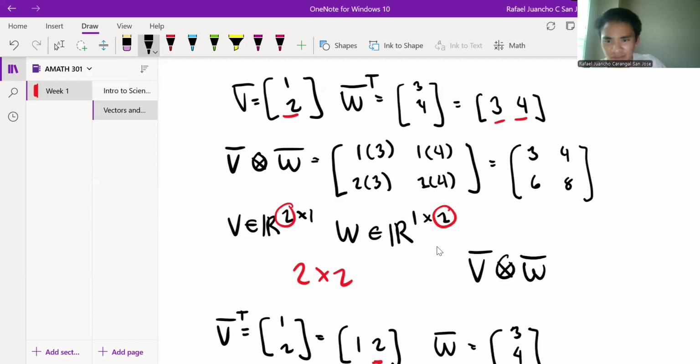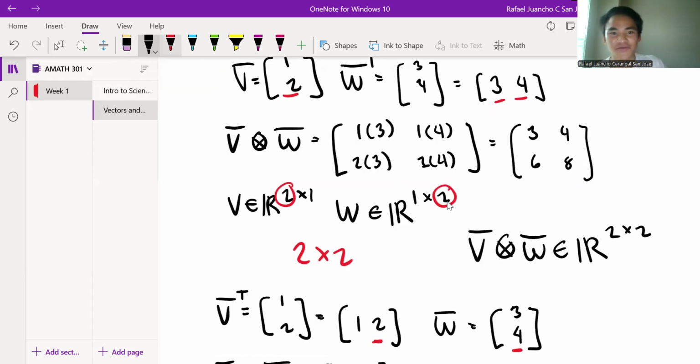The outer product of these two is actually 2 by 2. See, that's fascinating. 2 by 2, because this has 2 rows, this has 2 columns.